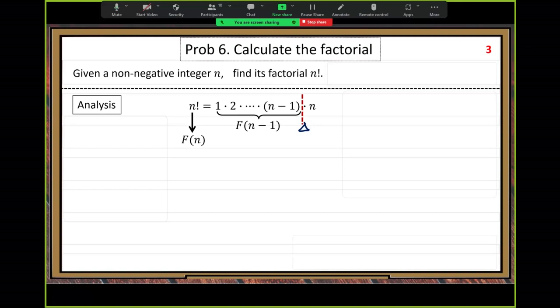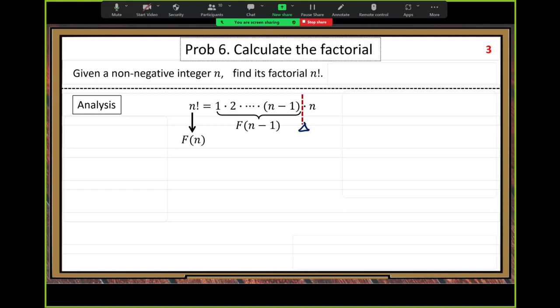So we use the F of n minus 1 representation. Then, remember last time I mentioned we have a problem solving approach: we approximate the original problem, then we bridge the gap.